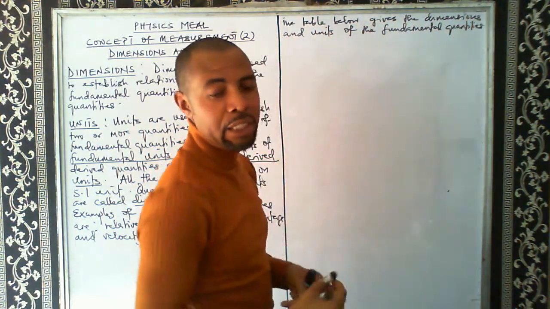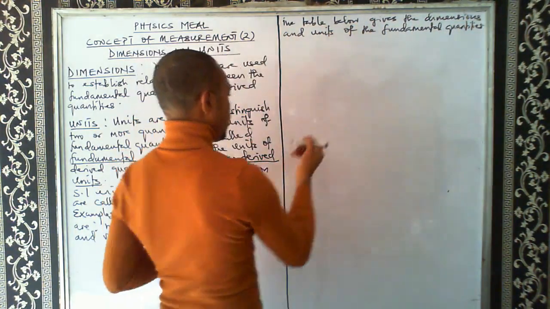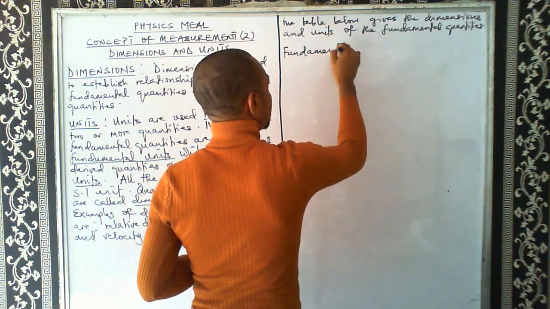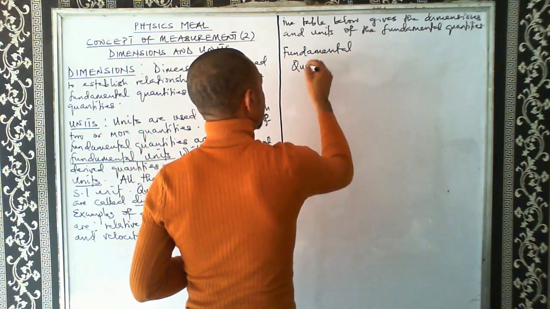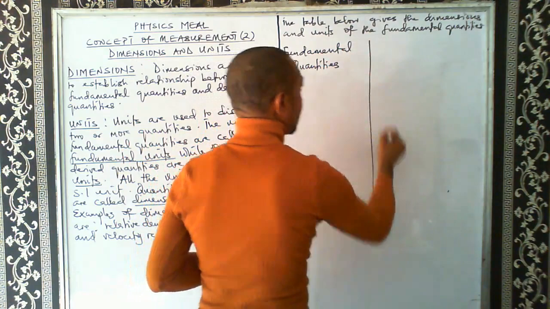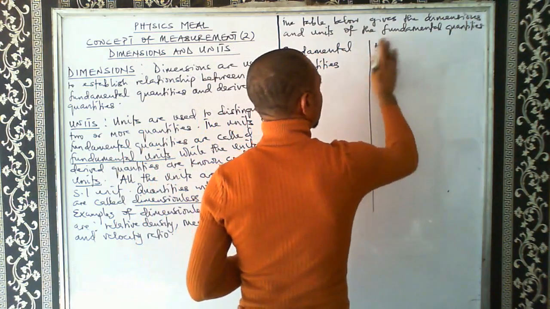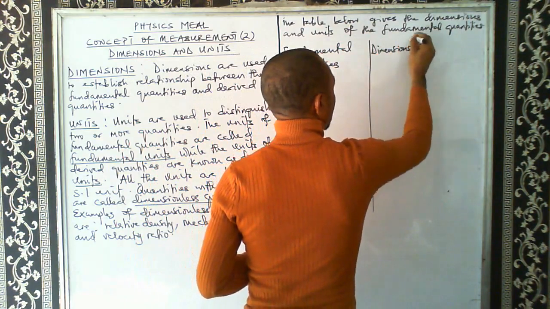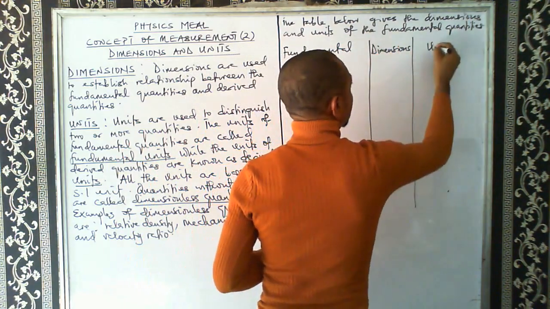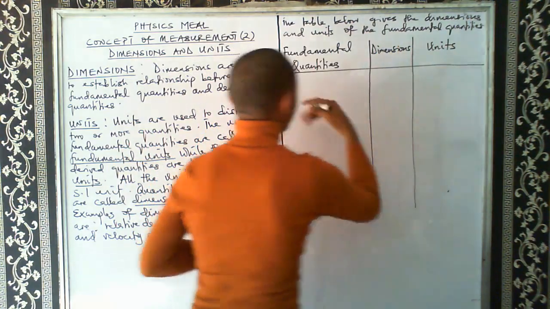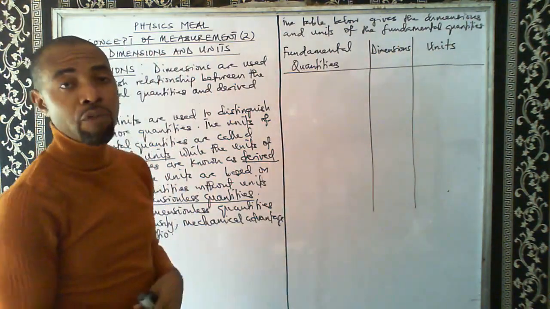So we have fundamental quantities, we talk about their dimensions, and then we talk about their units. So let's see the dimensions and the units of fundamental quantities.